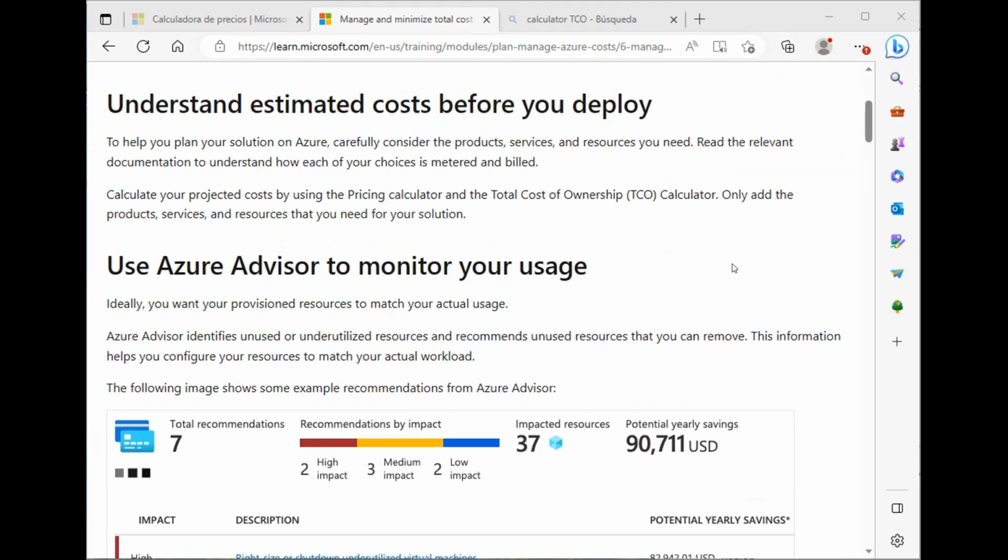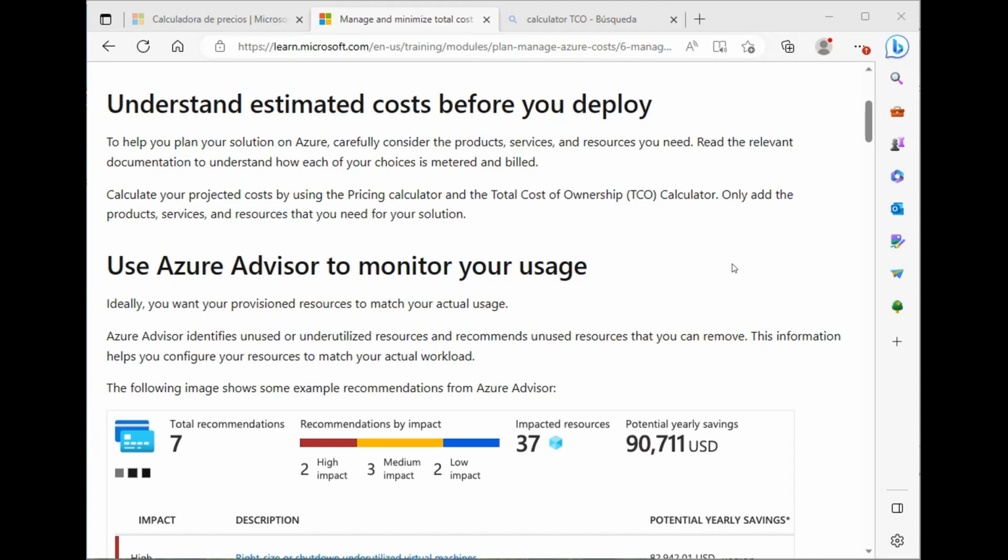Calculate your projected costs by using the pricing calculator and the total cost of ownership (TCO) calculator, only with the product, service, and resource that you need for your solution.